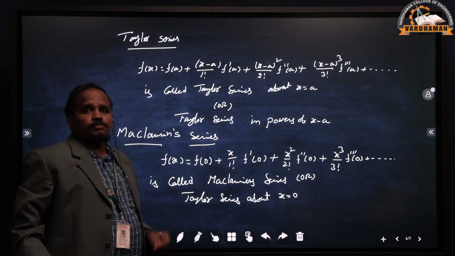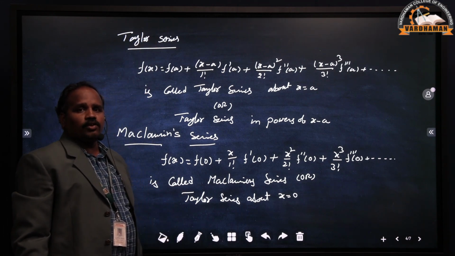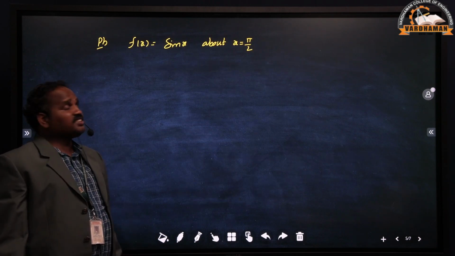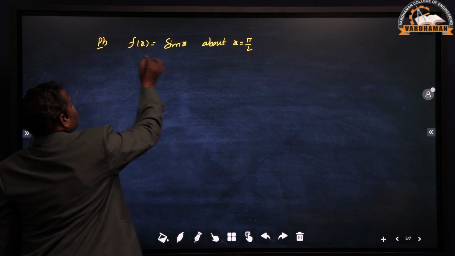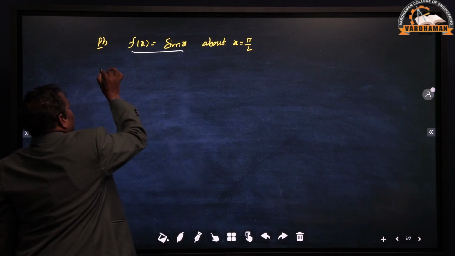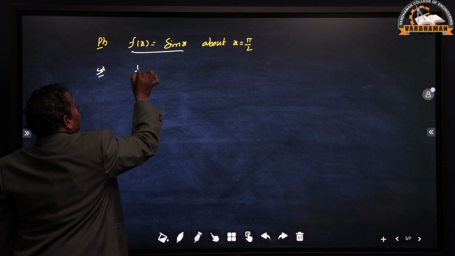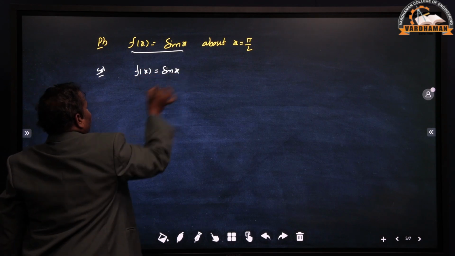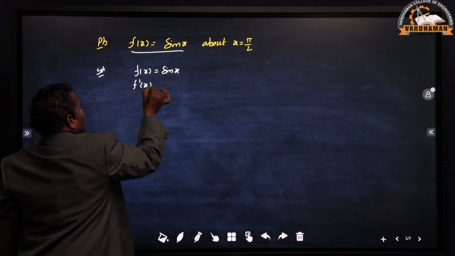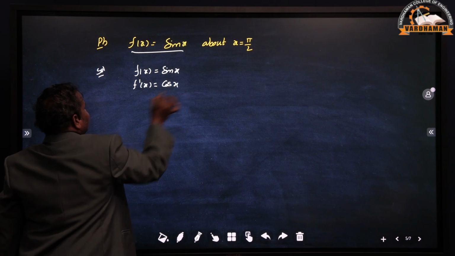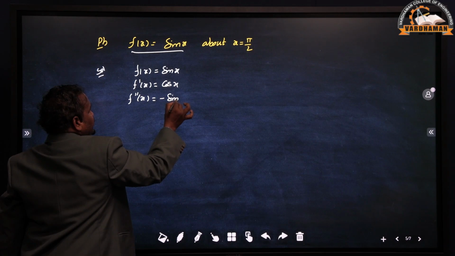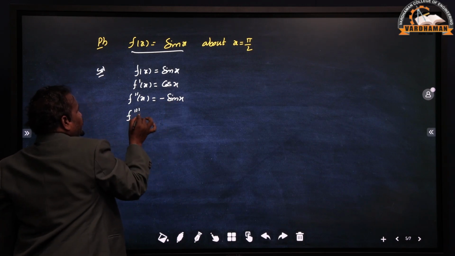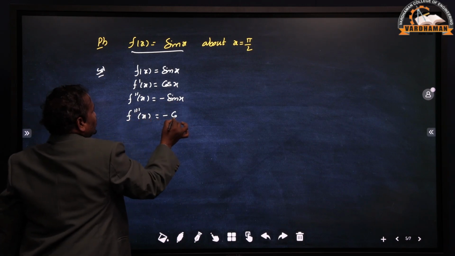Now we are going with the problems regarding Taylor series and Maclaurin series. We are going to discuss the Taylor series of the function f(x) equal to sin x. For that, first calculate the derivatives of the given function. f(x) is sin x, f'(x) is cos x, f''(x) is minus sin x, f'''(x) is minus cos x.